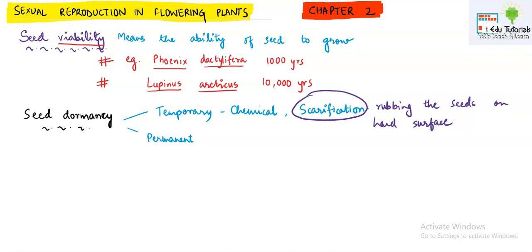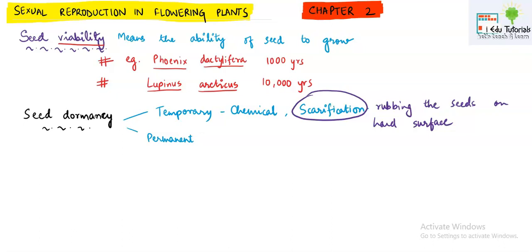This will remove the hard seed coat, and once you dip the seed it will grow, because the embryo is protected inside and it is the embryo that has to divide and become metabolically active so that the radicle and plumule can divide mitotically and form root and shoot respectively.